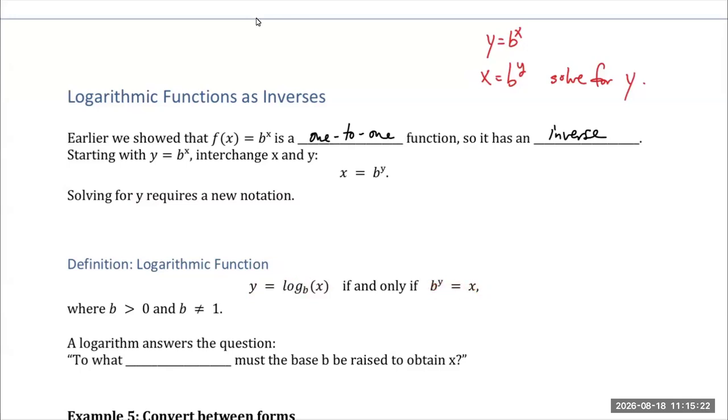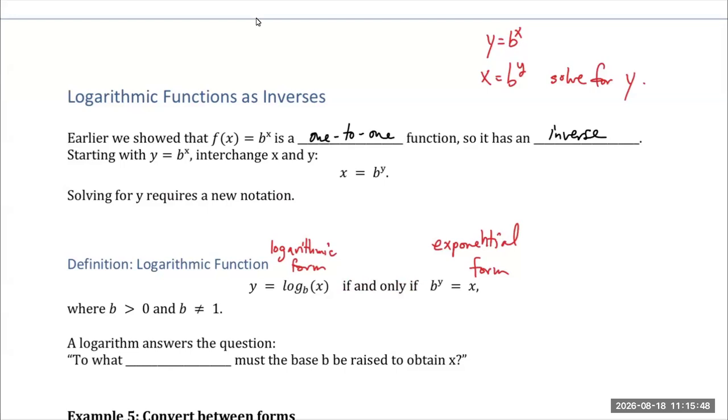This equation on the left is called the logarithmic form. And this equation on the right is called the exponential form. And this statement, if and only if, is called a bi-directional implication.